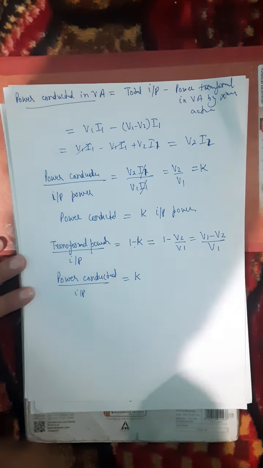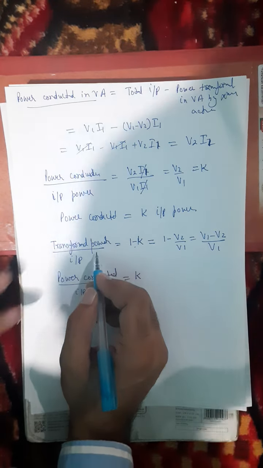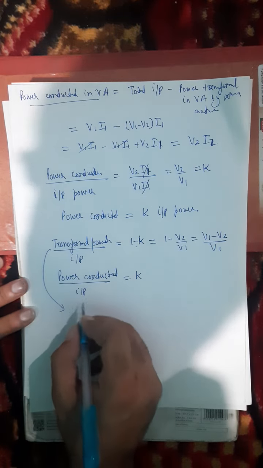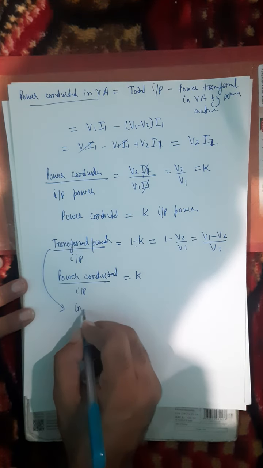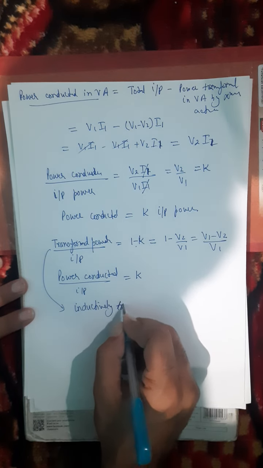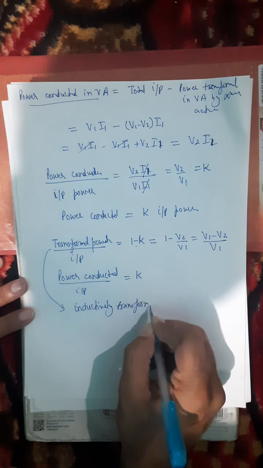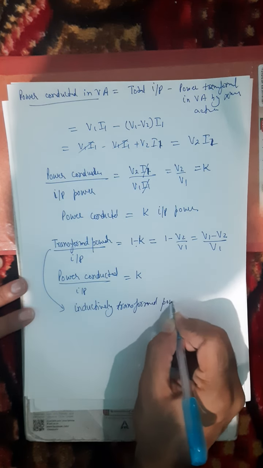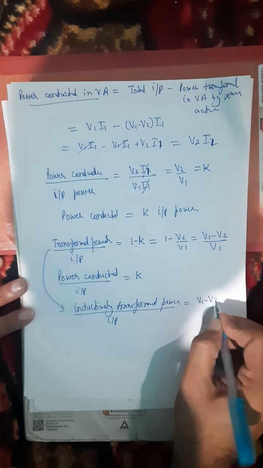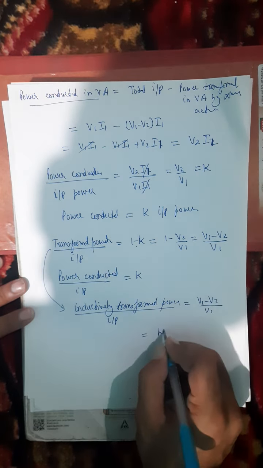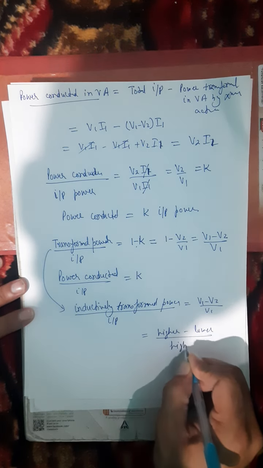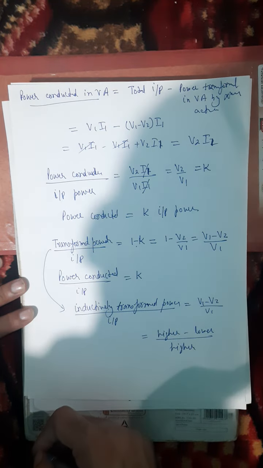Okay, so the power that is transformed through transformer action, which is nothing but the inductive action, I can write further as inductively transformed power divided by input power is equal to (V1 minus V2) by V1, which is nothing but higher voltage minus lower voltage divided by higher voltage.